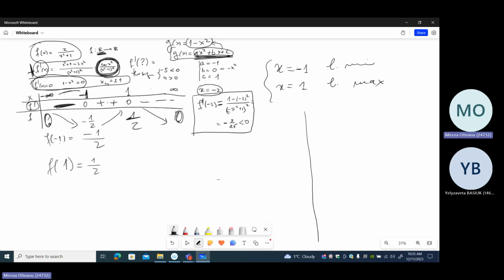If we want, we can now sketch the graph of this function. At -1 and at 1 it has extrema. The value at -1 is -1 over 2, and the value of f at 1 is 1 over 2.